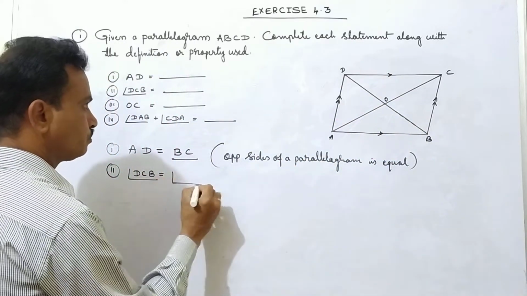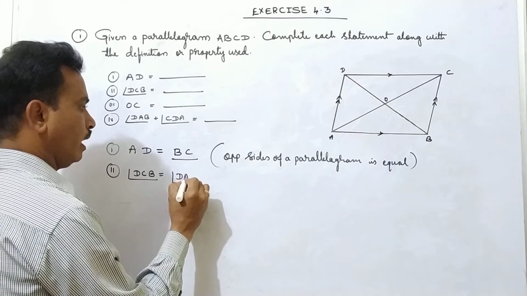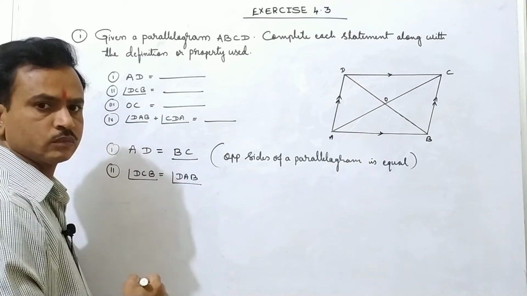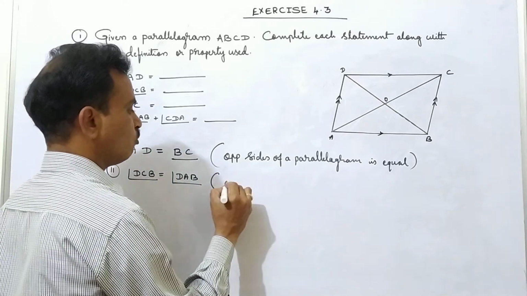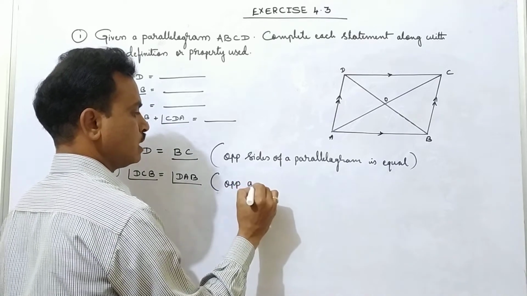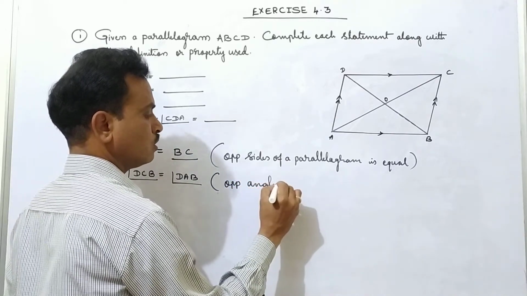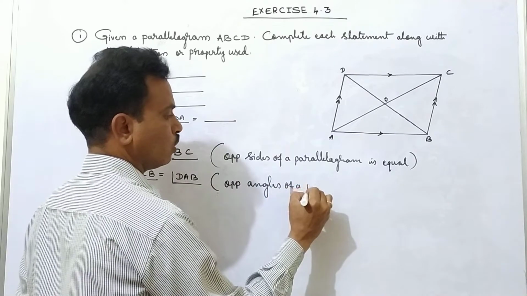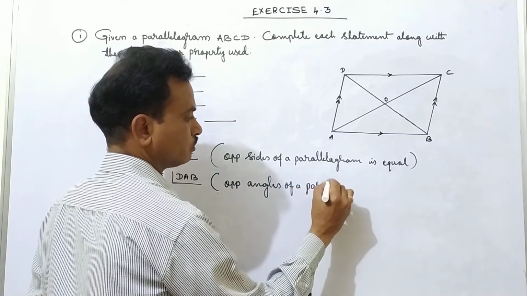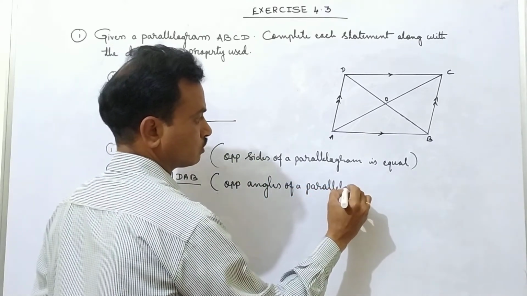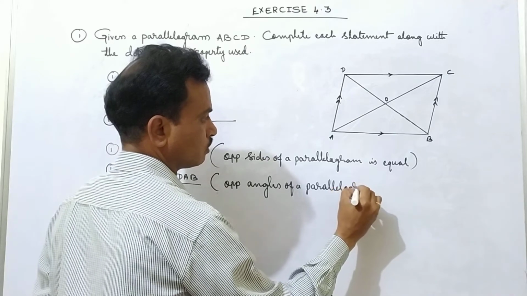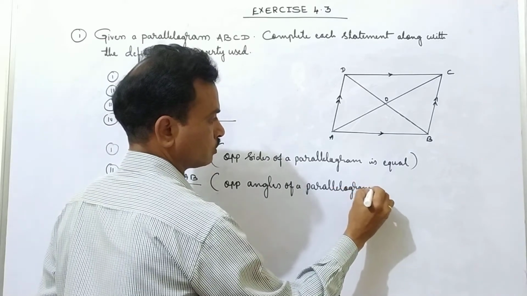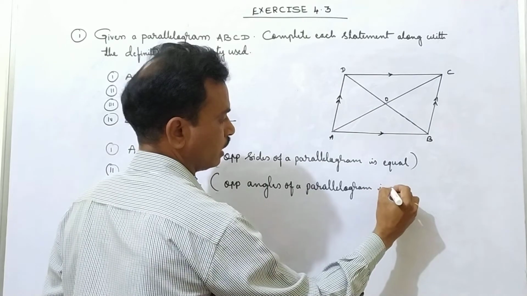So, opposite angles of a parallelogram are equal.